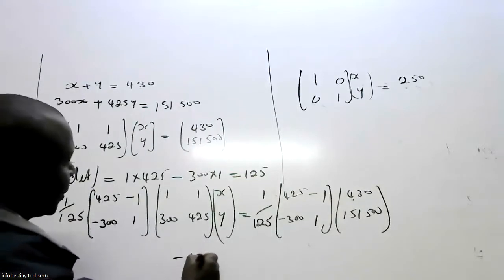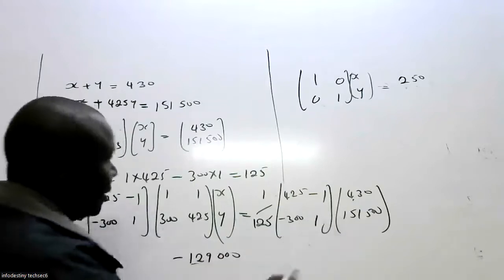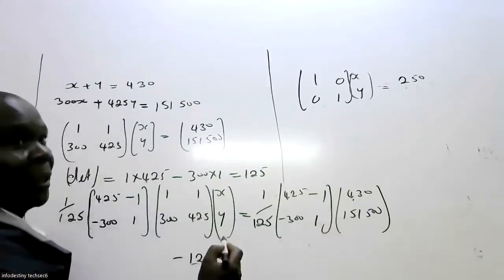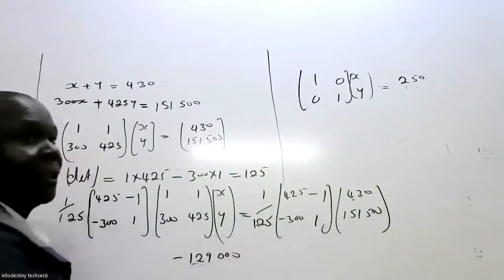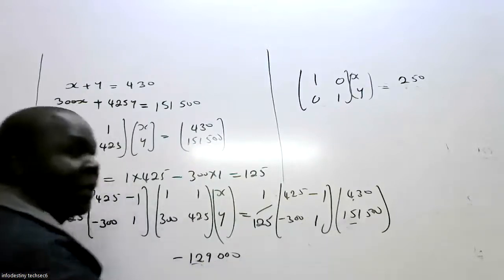Negative 129, like this. Now, when you look at this, this one is greater than this. That's what I would say. So you take this one minus this. It's going to be a positive. You can just take this negative plus this one.